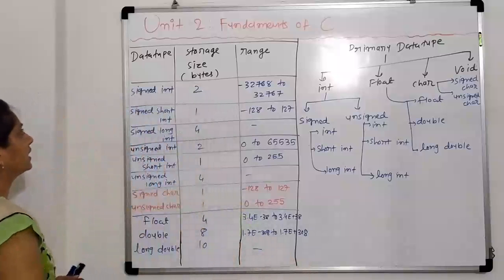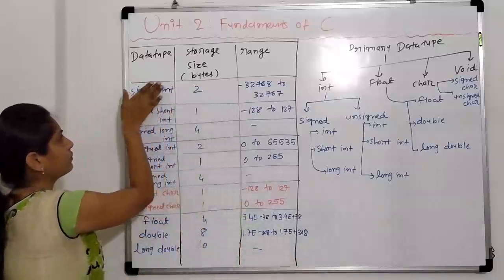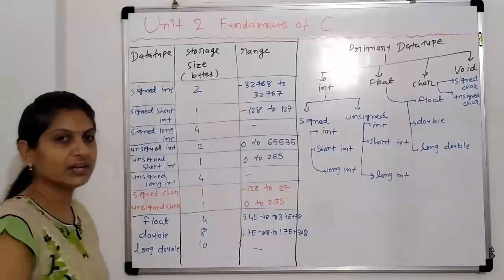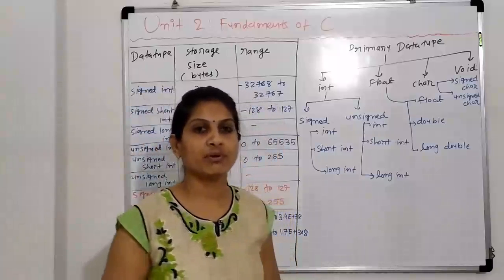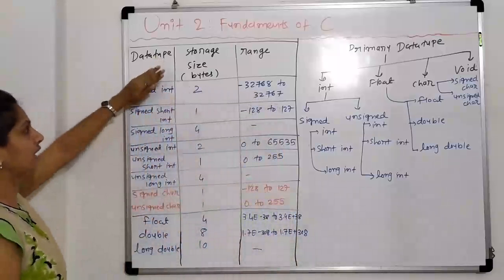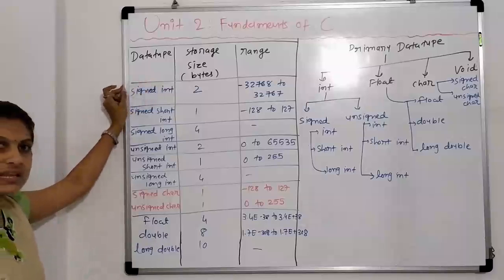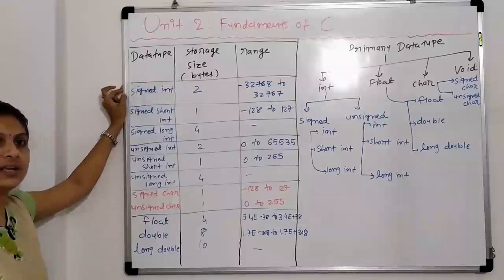Suppose here we start with the signed integer. If you do not write down signed, then directly we write integer. In the previous example, we wrote only int, not signed int or unsigned int. So by default, the C language considers signed values, that is positive and negative, both.